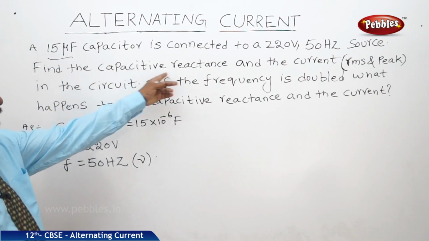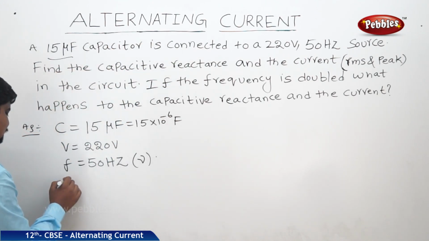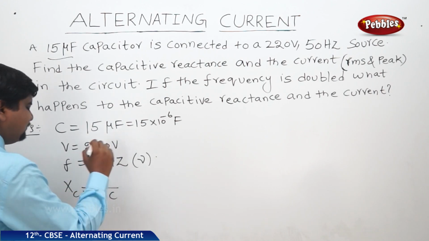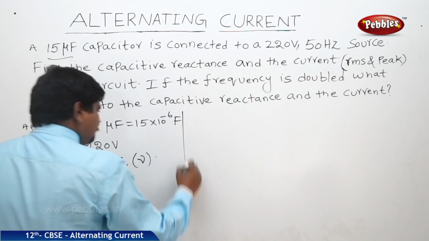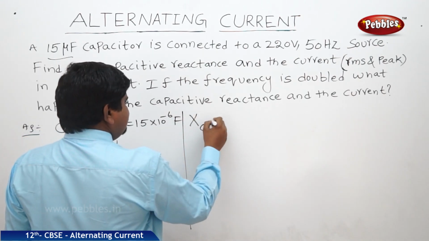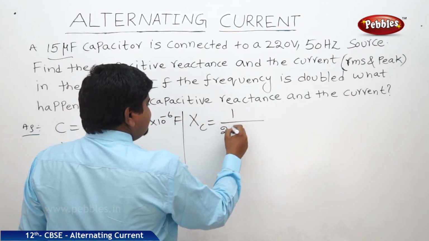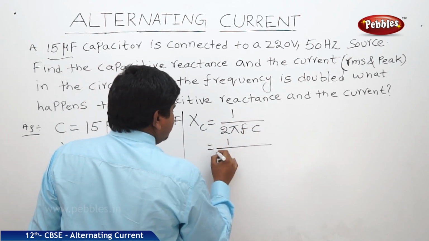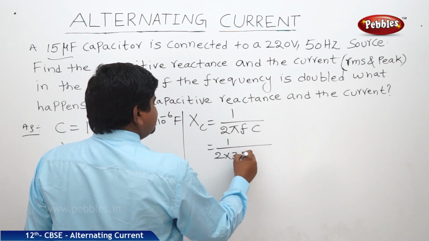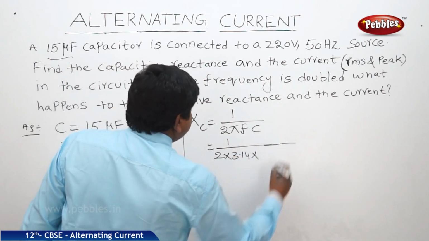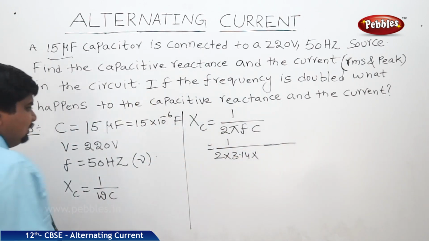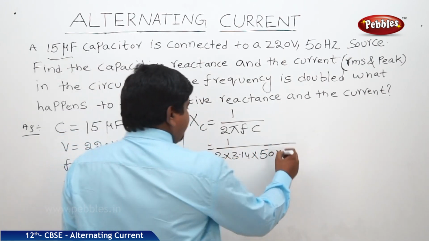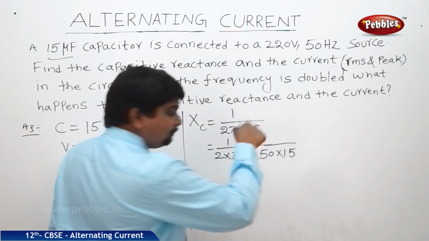Now we should find out the capacitive reactance. What is the expression for the capacitive reactance? Xc is equal to 1 by omega C, where omega is nothing but 2 pi f. Therefore 1 by 2 into pi, which is 3.14, frequency is 50 hertz, and the capacitance is 15 microfarad, that is 15 into 10 power minus 6.